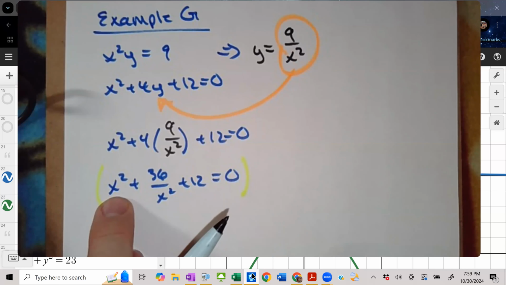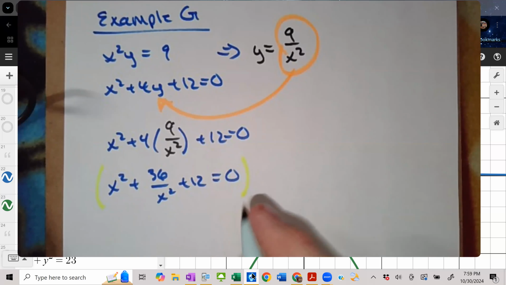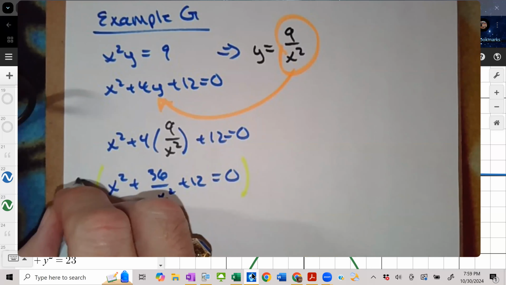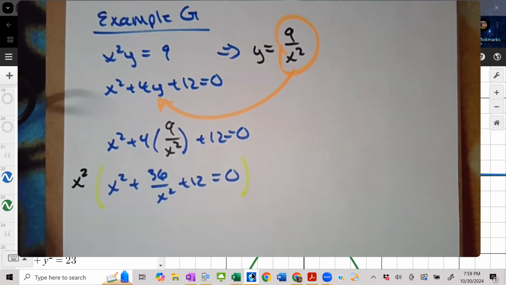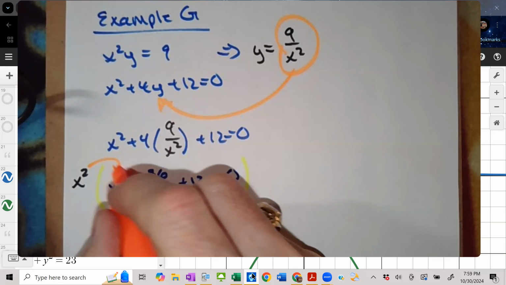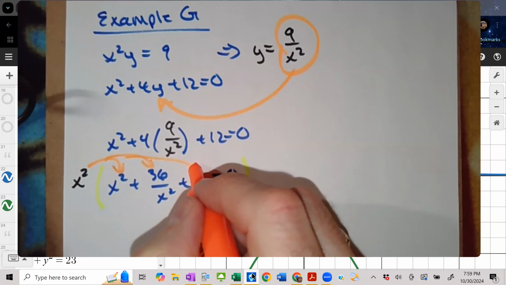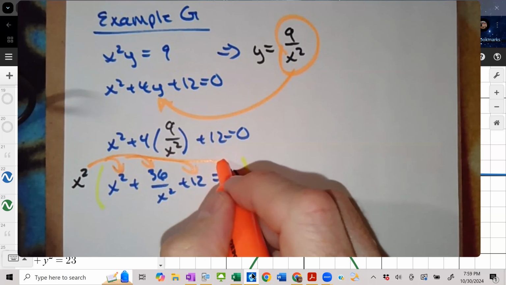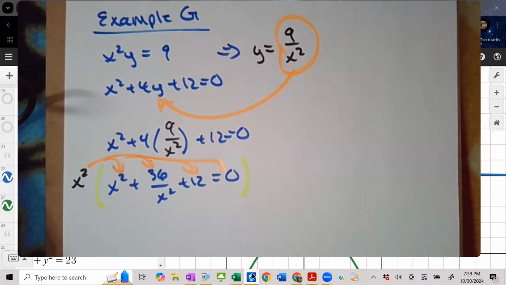This has a denominator of 1. This has a denominator of 1. So I'm going to multiply everything on both sides by x squared. There's a part for you to play in this as well, so pay attention. On the right-hand side, 0 times x squared is still 0. 12 times x squared is 12x squared.